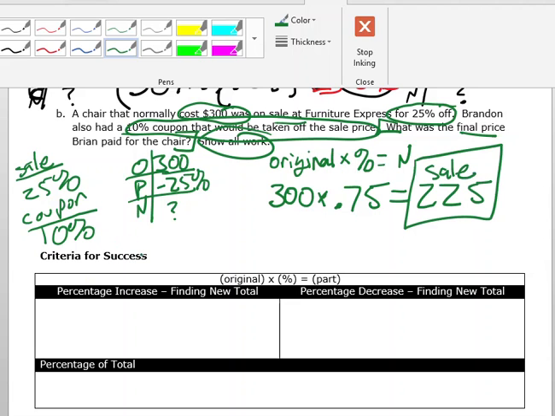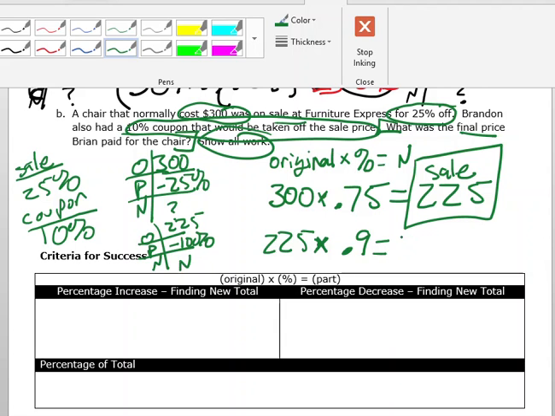Now I need to take off my 10%. So I'll do my other OPN down here. I have my 225 minus 10% is equal to the new price. So I'm going to go original 225 times 0.9 because it's 10% off, which means I'm paying 90% of what's remaining.